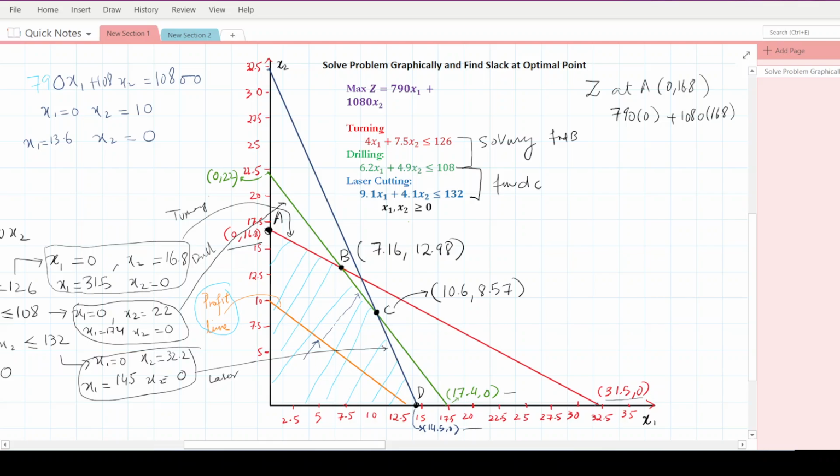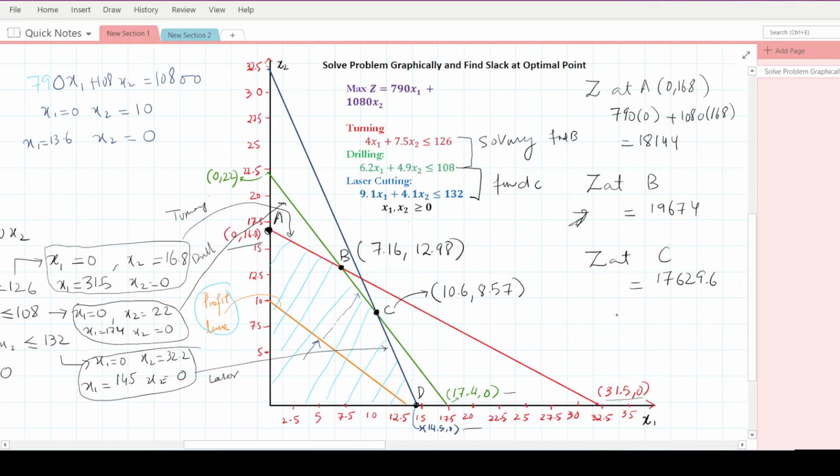I have done this before this video, so I'll just show you the final values. z at A is equal to 18,144, z at B is equal to 19,674, and z at C is equal to 1769.6, something like this.